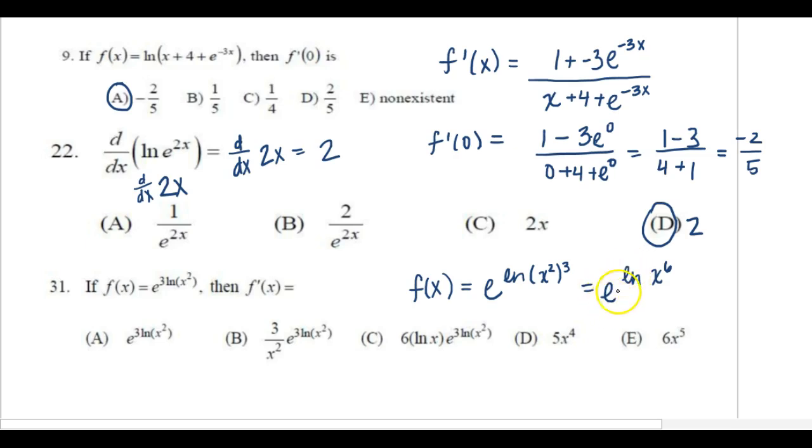And now e and natural logs' relationship as inverses says that this becomes x to the 6th. So the function I was actually given was the nice function x to the 6th, the power function x to the 6th. So now to take the derivative of this, just the power rule, 6x to the 5th, which is option E.